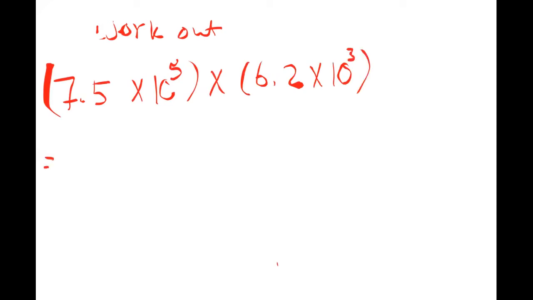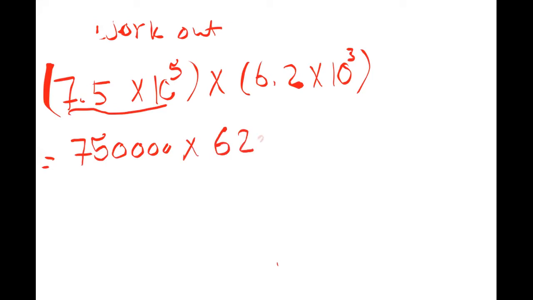So let's write it in expanded form. It will be 7, 5, and 4 zeros. And here it becomes 62 and 2 zeros.